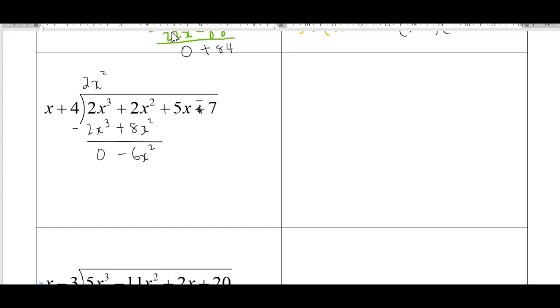So negative 6x squared divided by x is negative 6x, multiplying it through. So we get minus 24x, bring that 5 down, and then we can do our subtraction. All right, so it's going to be 0, 5x plus 24x is 29x. All right, and then divide that by x.